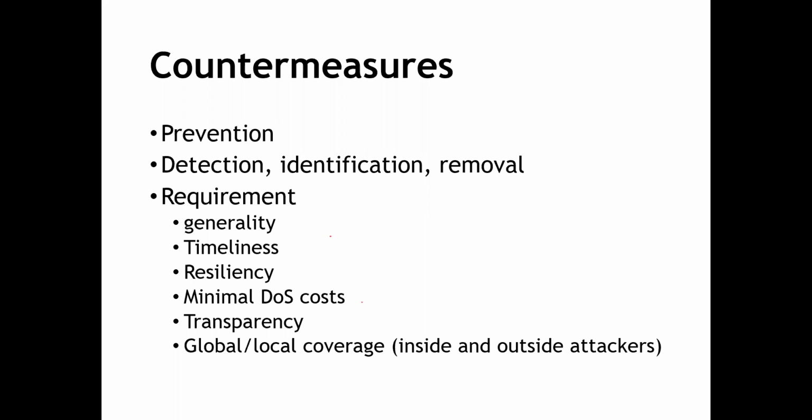Resilience, not giving up: you must keep checking to pick up on these updates. Then of course, there's also minimum denial-of-service cost. Those are part of the requirements. And of course, transparency as well. Some of them are global, but there are also some locally covered attacks.